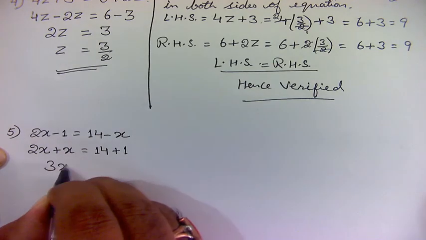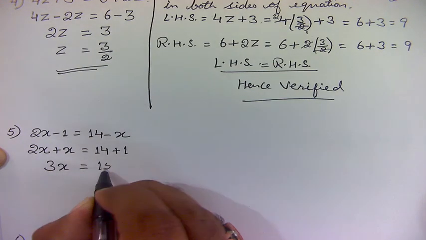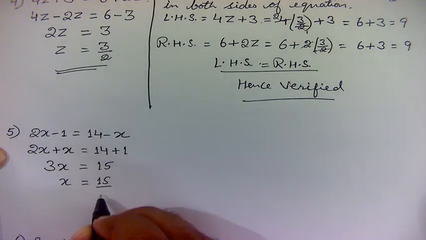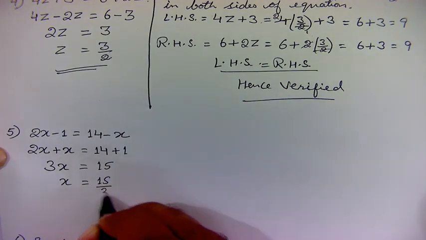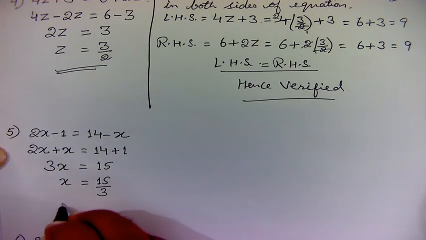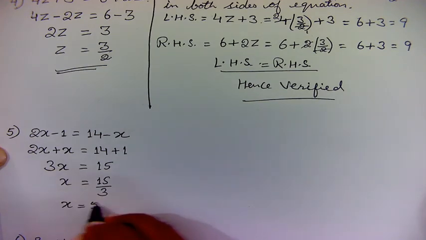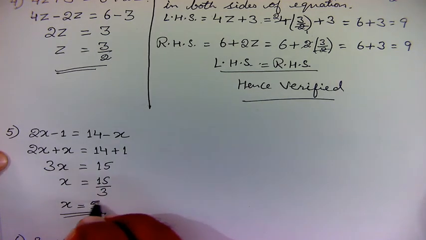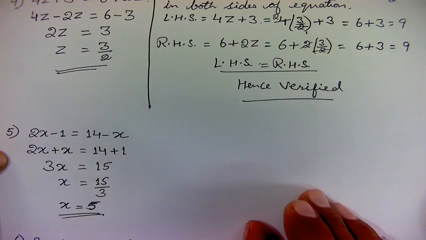So it is 3x equals to 15, and x is equal to 15 upon 3. So 15 upon 3 is 5. So the value of the variable which you get here is 5.